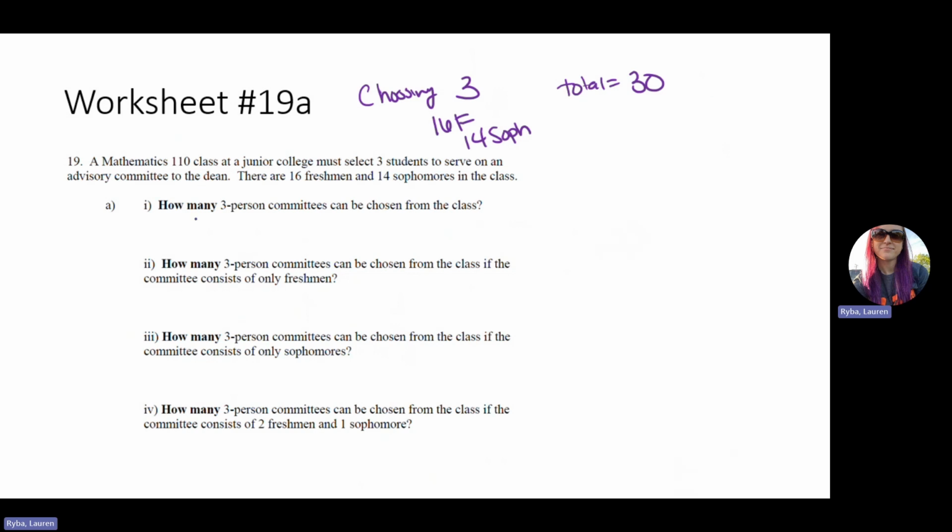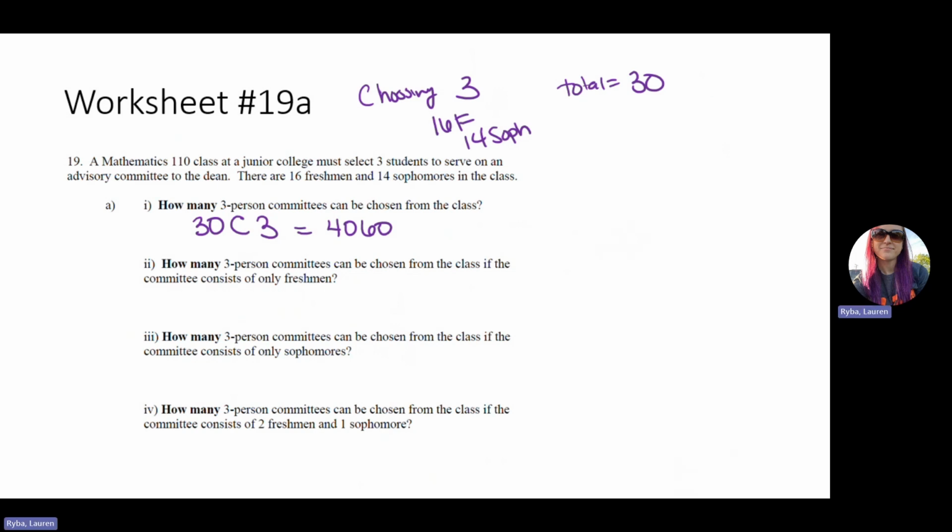Well, there are 30 students in the class, and I want to choose 3 of them. So you could go to the Desmos calculator. It is going to give you the value of 4,060. So there are 4,060 different ways to select 3 students from 30.